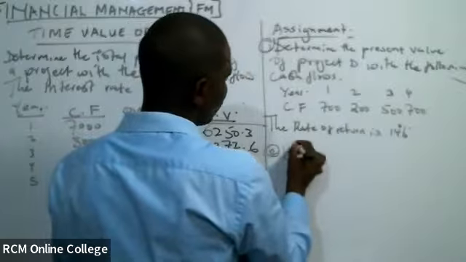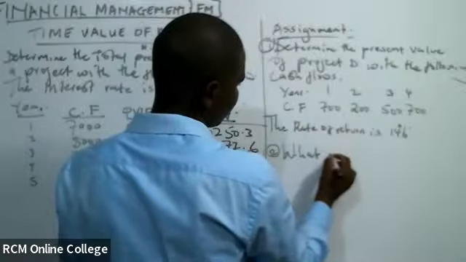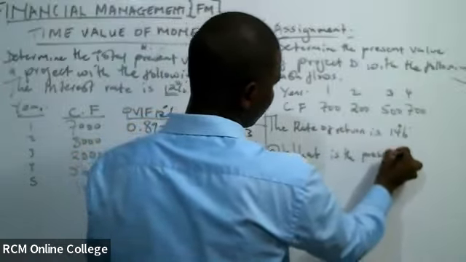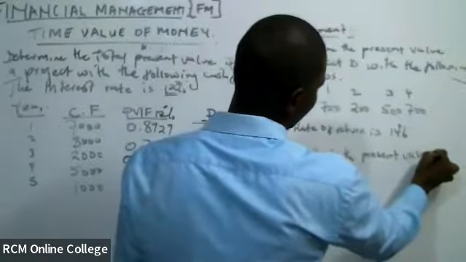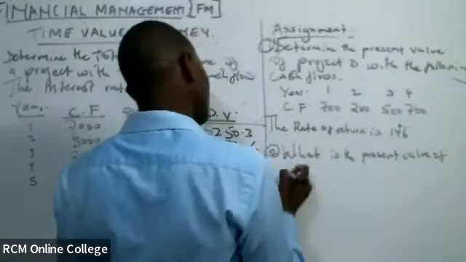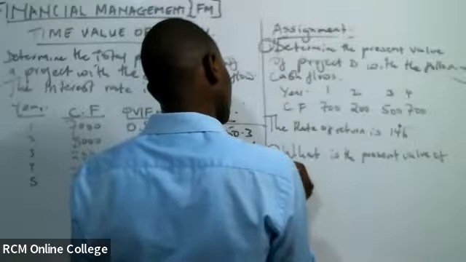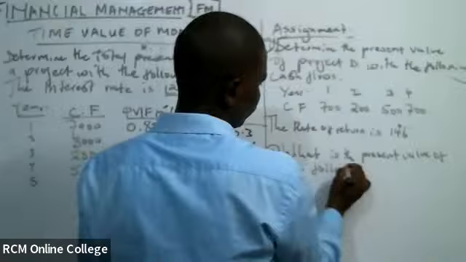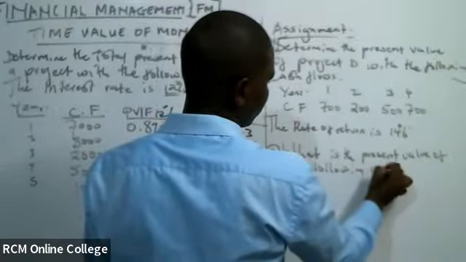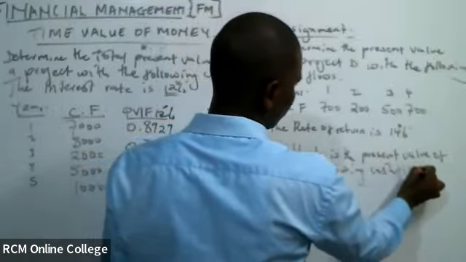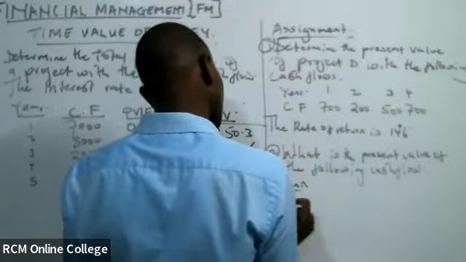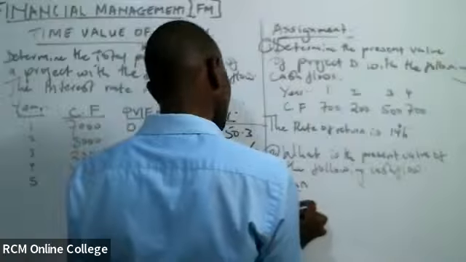Number 2. What is the present value of cash?